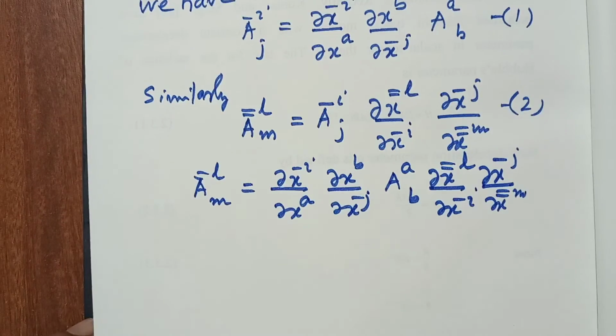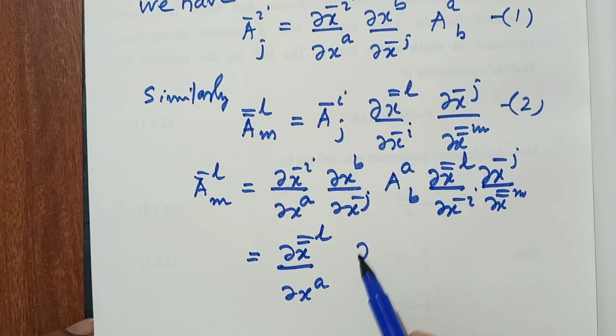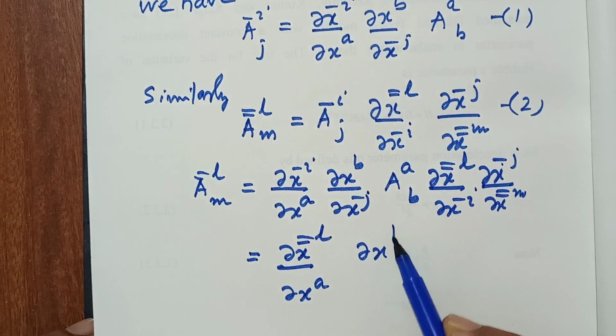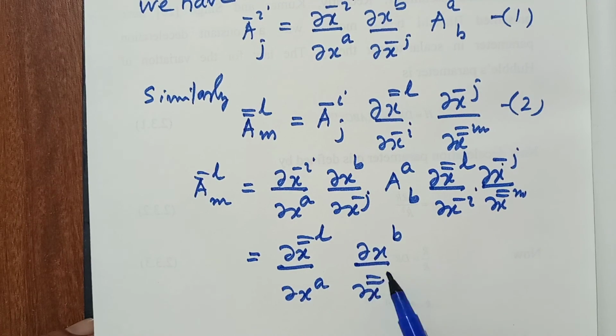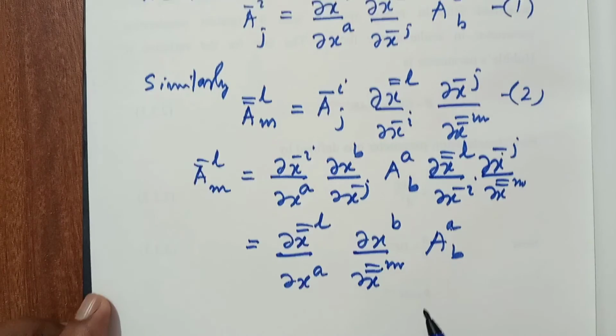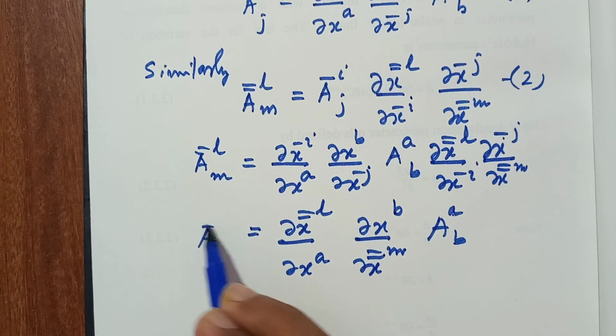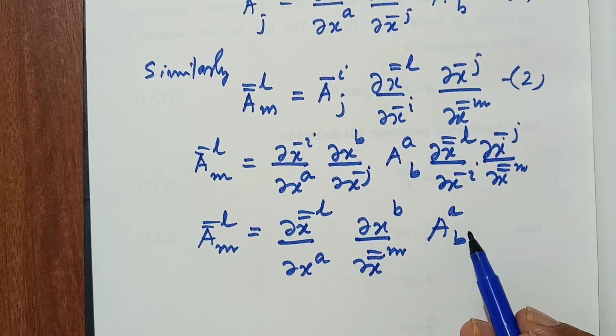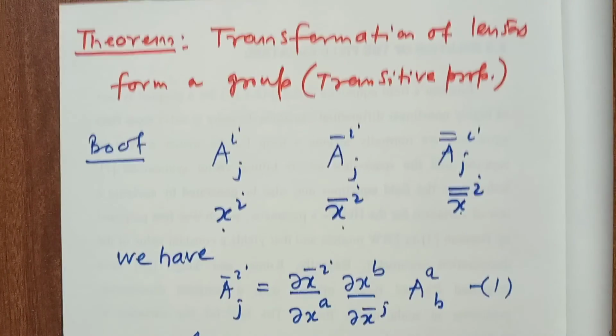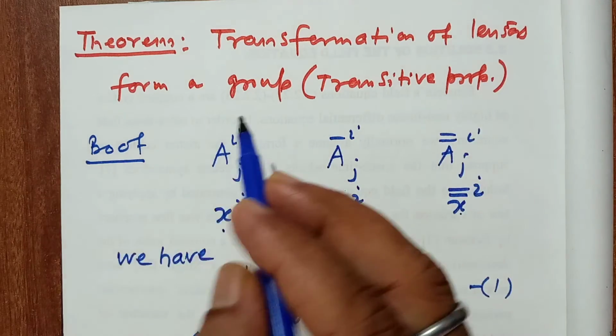Now del x bar i cancels, and del x bar j cancels, so we get del x double bar l upon del x a, del x b upon del x double bar m, A a b. This is the transformation rule from double bar to non-bar, A double bar l m to non-bar. So this possesses the transitive property, which means the transformation of tensors possesses the transitive or group property.